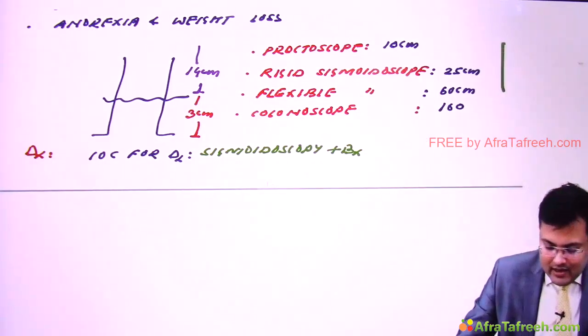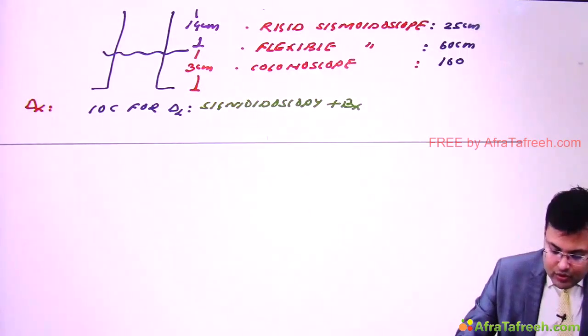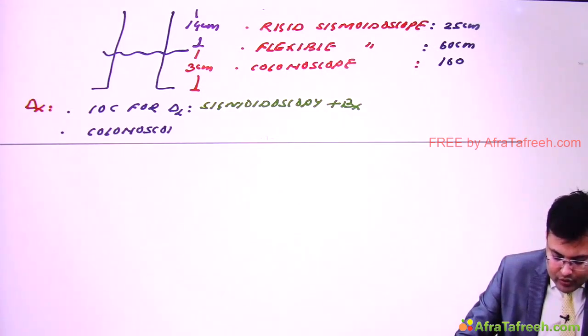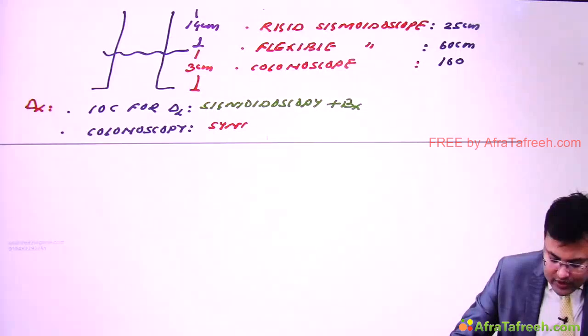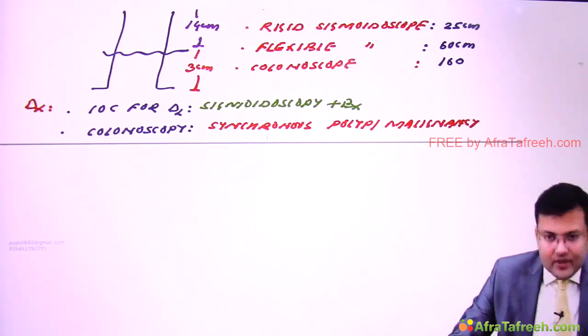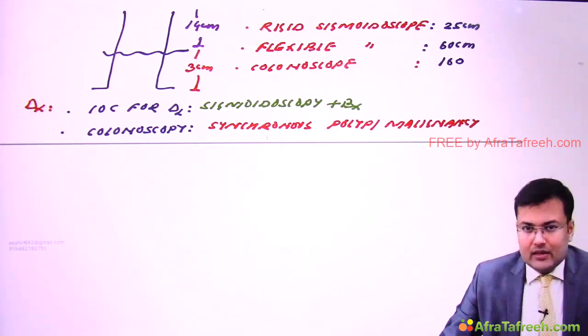So that's why we go for colonoscopy. So apart from sigmoidoscopy with biopsy, we have to perform colonoscopy. Why? To assess synchronous polyp or malignancy. So we want to rule out synchronous polyp or malignancy which might be present in the colon.